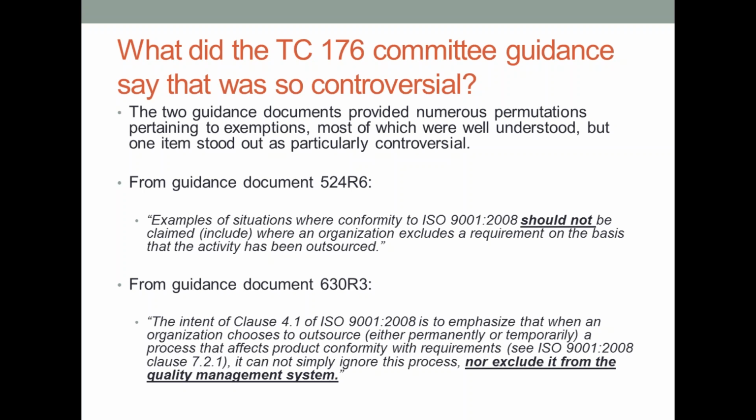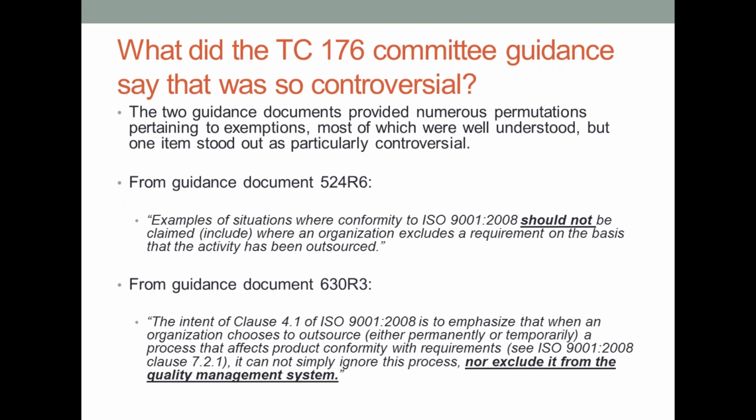And I'd like to quote directly from the guidance documents. We'll begin with 524R6. Examples of situations where conformity to ISO 9001-2008 should not be claimed. In other words, these situations should include where an organization excludes a requirement on the basis that the activity has been outsourced.